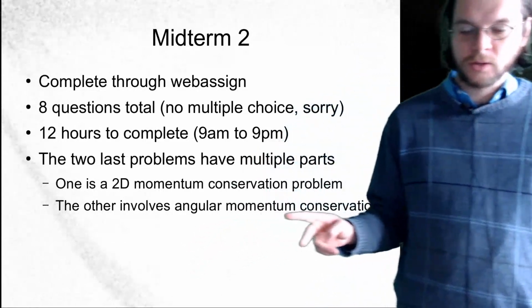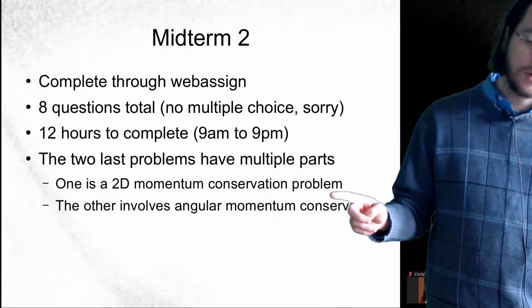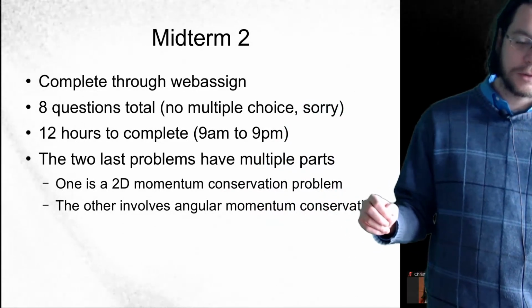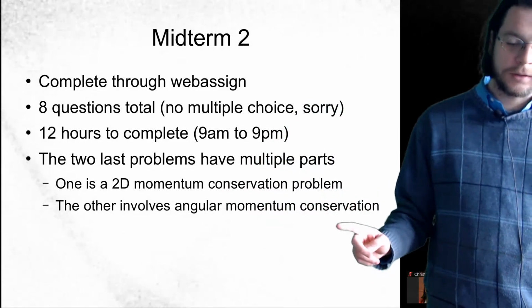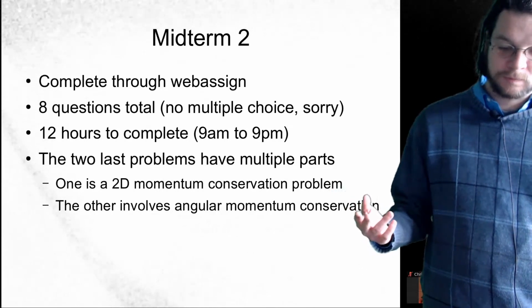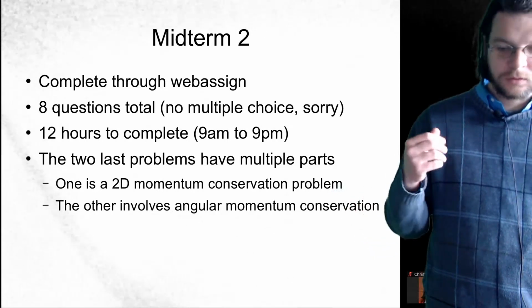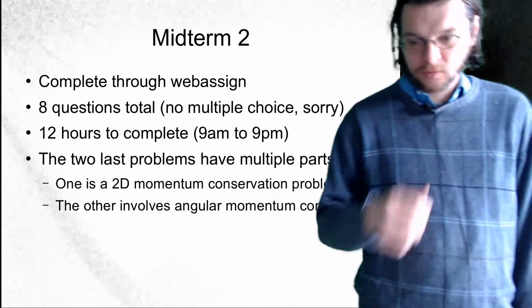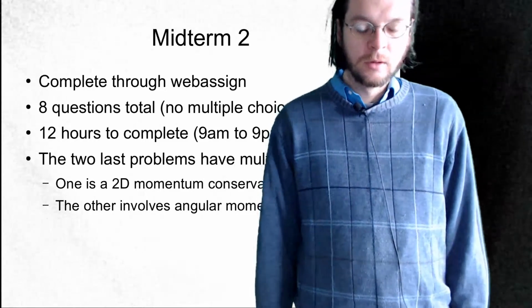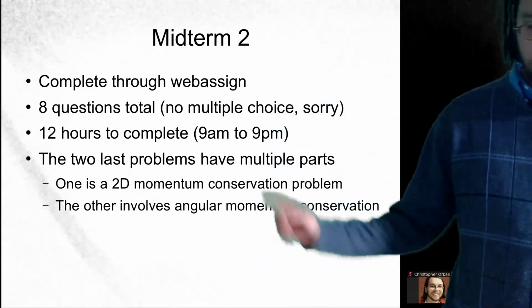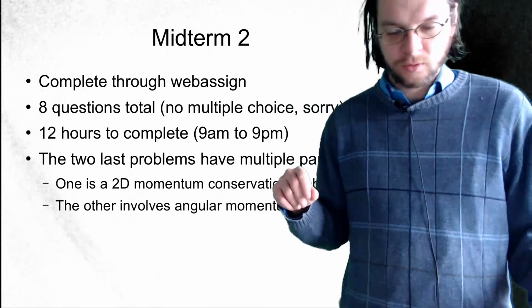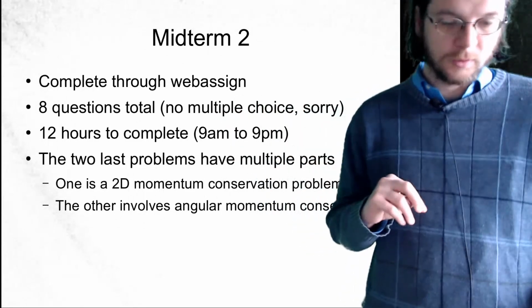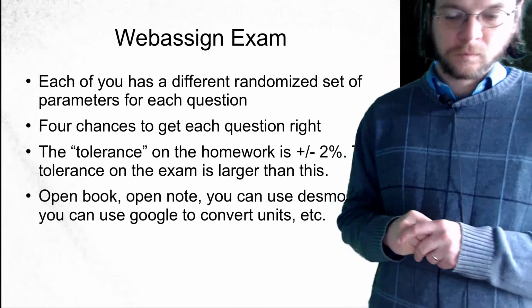Of those 2 questions, one is 2D momentum conservation, and the other has to do with angular momentum conservation. So a lot of the points on the test are going to be from those 2 problems. The other questions are maybe just 1 part or 2 parts.